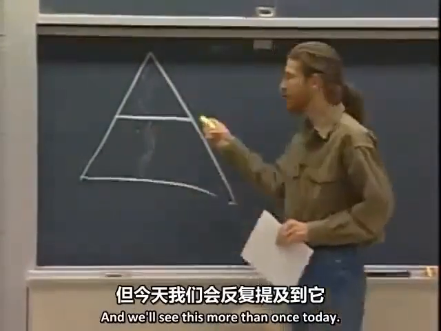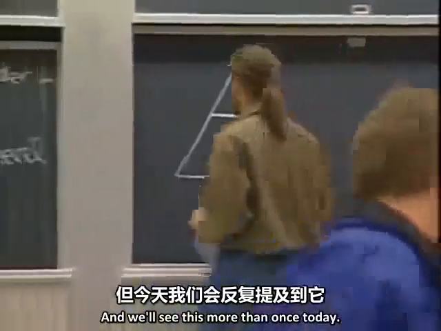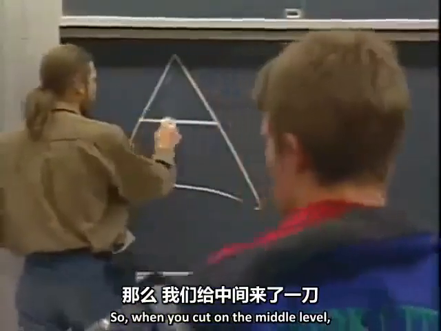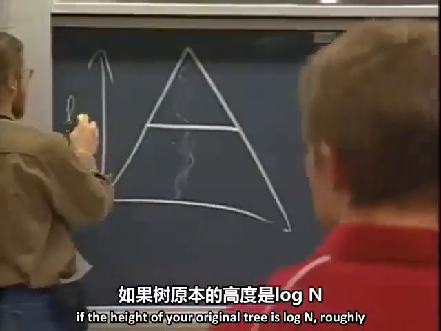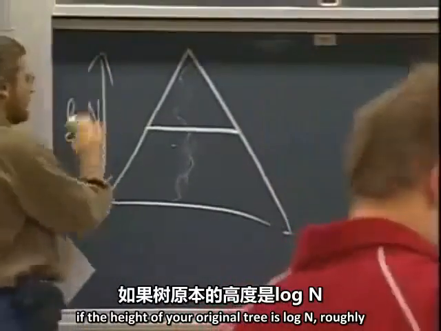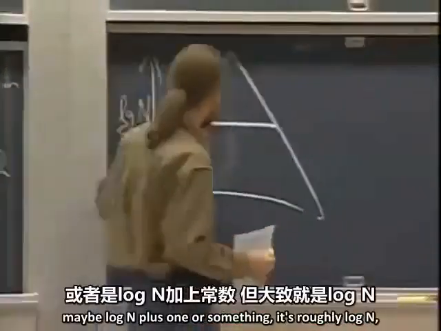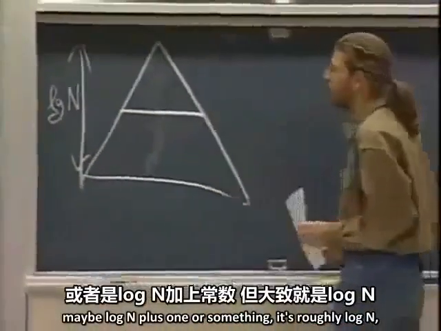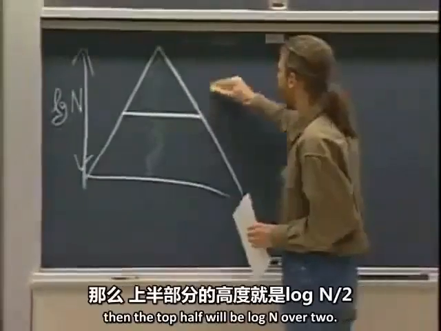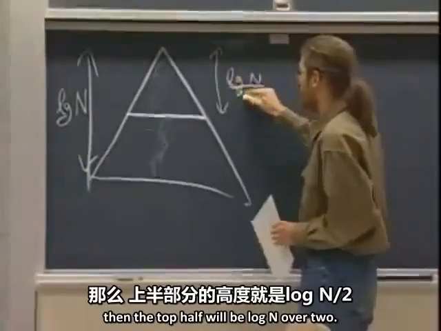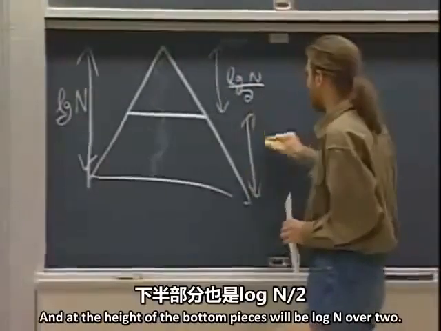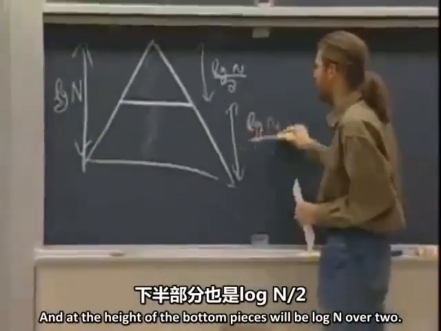And we'll see this more than once today. So when you cut in the middle level, if the height of your original tree is log n, roughly, maybe log n plus or minus 1 or something, then the height of the top half will be log n over 2. And the height of the bottom pieces will be log n over 2.